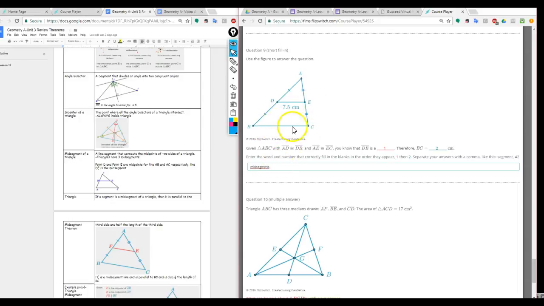So to find the length of BC, we would need to double DE. So doubling means to multiply by 2. So we're going to times 2 by 7.5, which is equal to 15 centimeters. And we're not going to write in centimeters because it's written right there. So it's 15 in length.